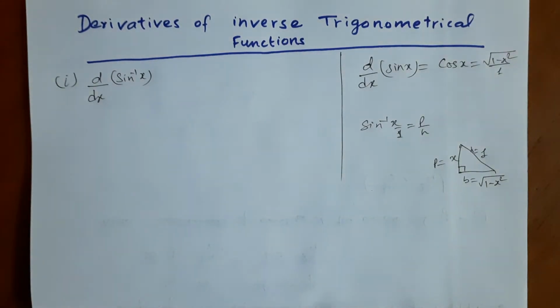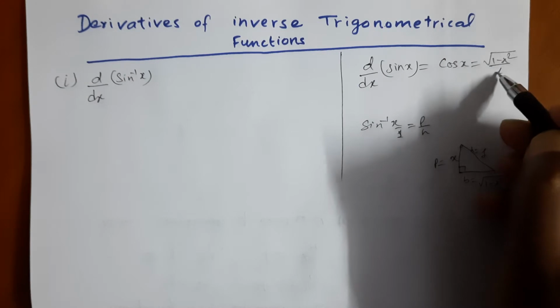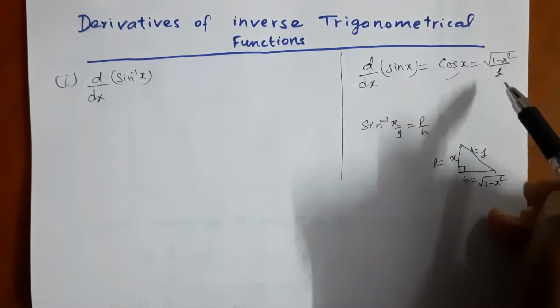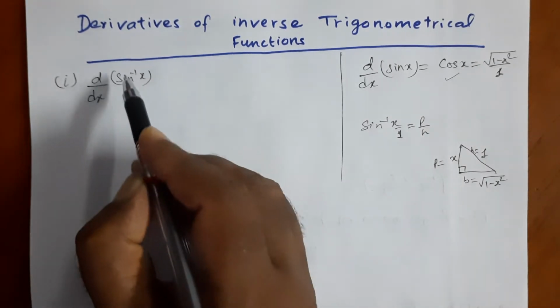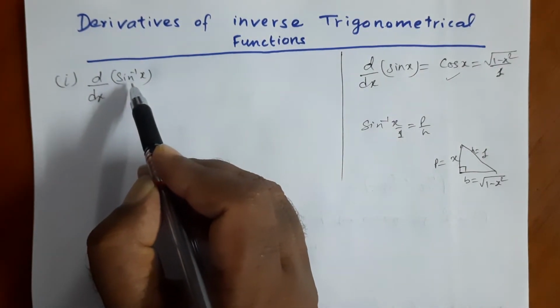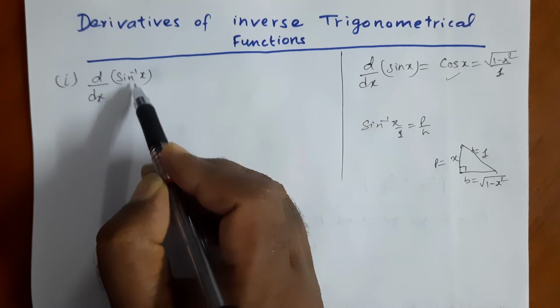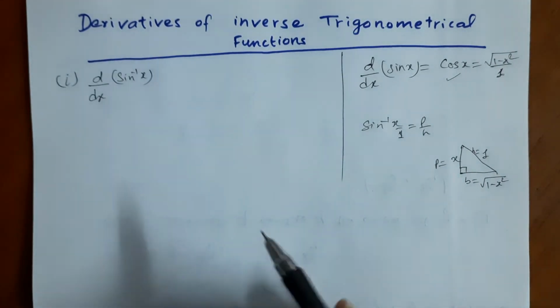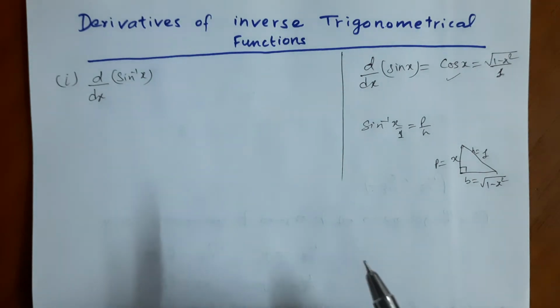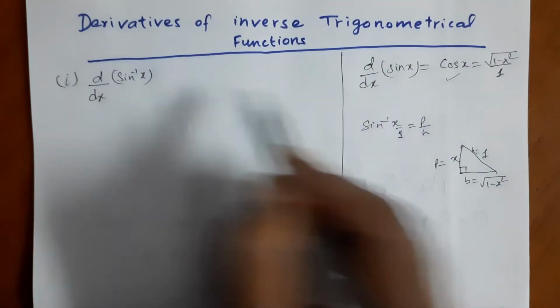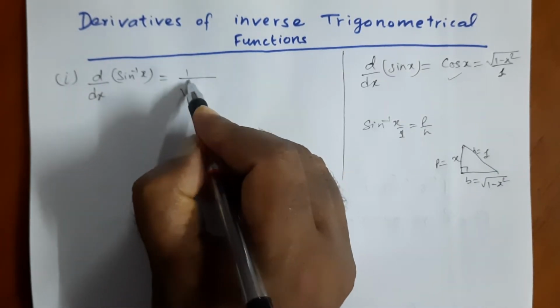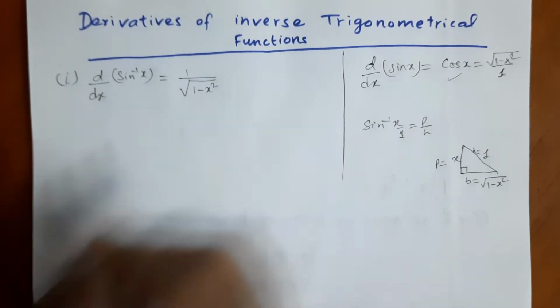Root over 1 minus x square over 1 is cos x, and the derivative of sin x is cos x, and from this you will get this. But here we have to find the inverse. Inverse means just opposite, think reciprocal. This is not the derivation method, but the technique to remember the formula. Don't think that it is the derivation method. So the reciprocal of this will be 1 over root over 1 minus x square.